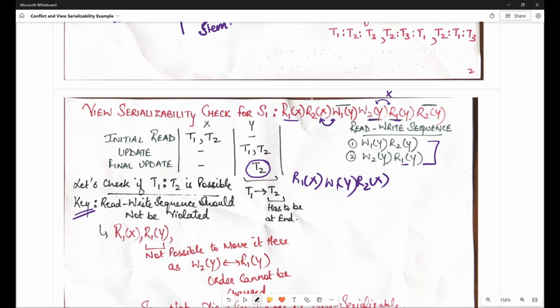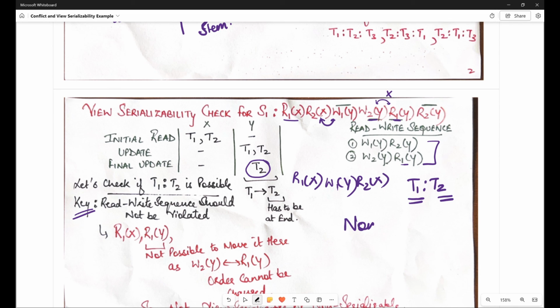Since I cannot make this swap, the serial schedule where T1 happens first and then T2 happens is not possible. Therefore we come to the conclusion that view serializability is not possible here.